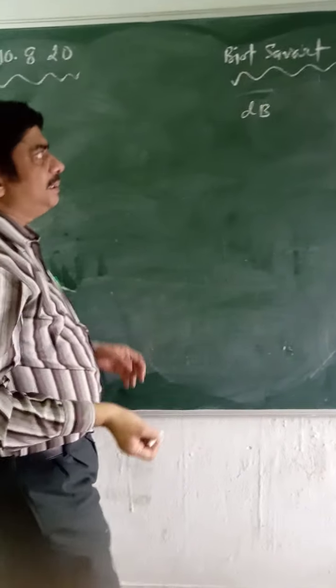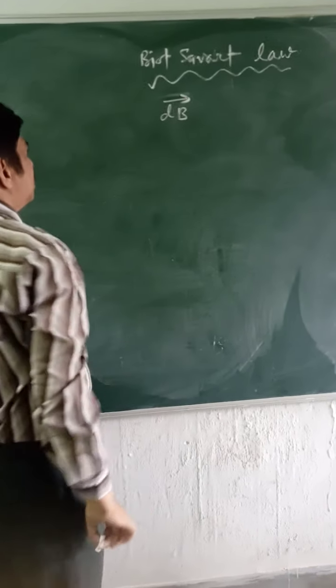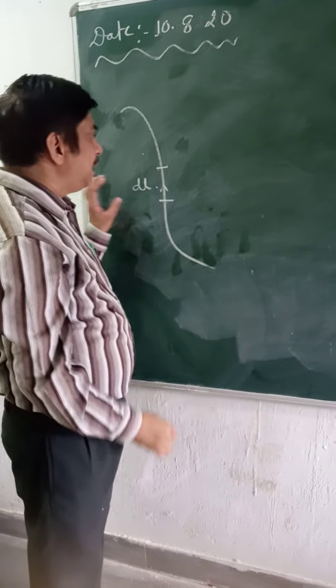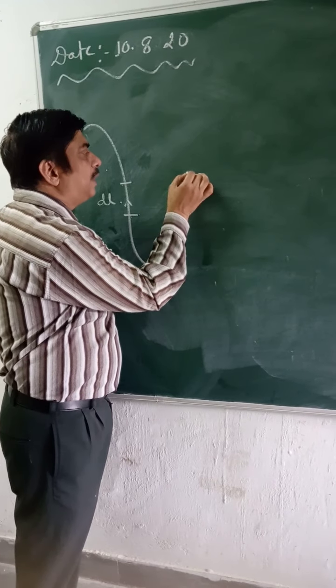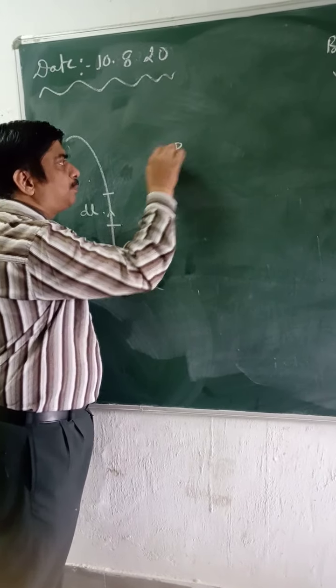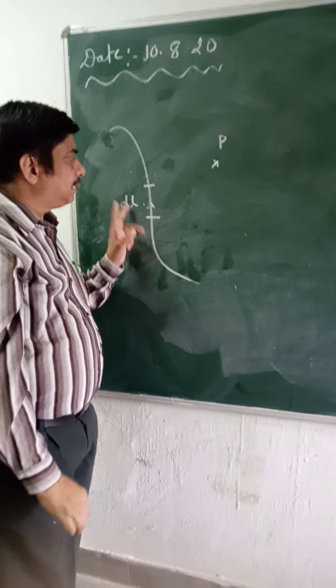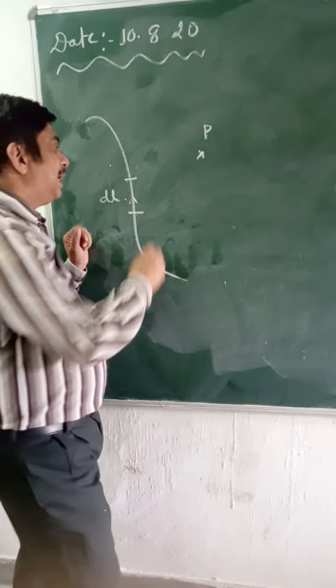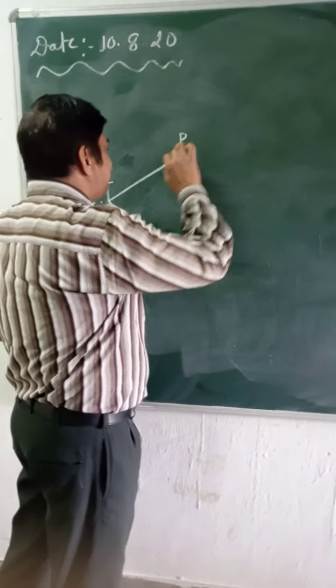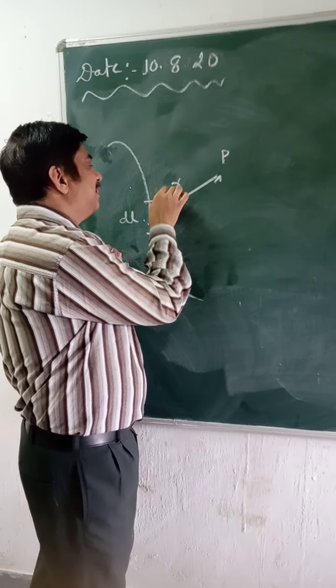Obviously, it is a vector quantity. We want to find the magnetic field at this particular point due to this current element, which is separated by the distance r, and this angle is theta.